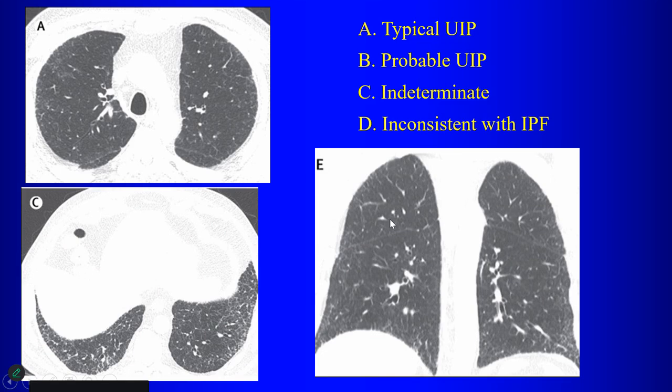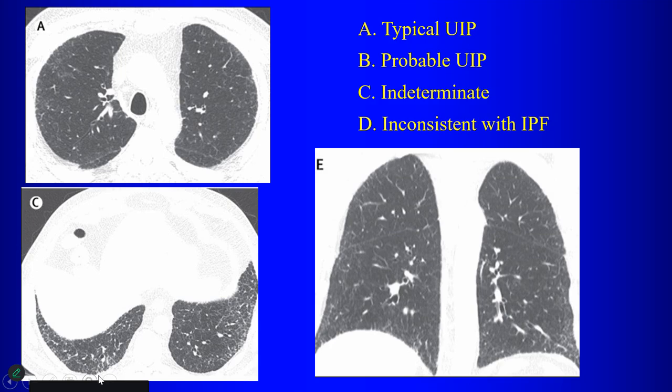But in this case, what do you see? How would you describe this? You would call these ground glass. No, this isn't ground glass. These are what? How would you describe that? Reticular. Yeah, these are coarse reticular opacities, right? So we have some coarse reticular opacities associated with some traction bronchiectasis.